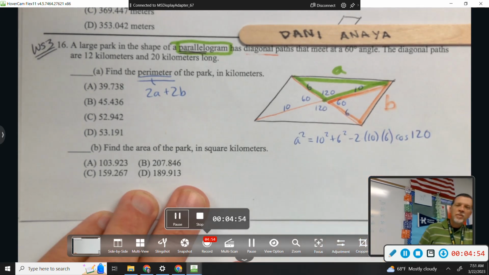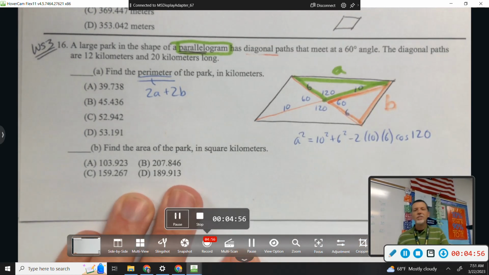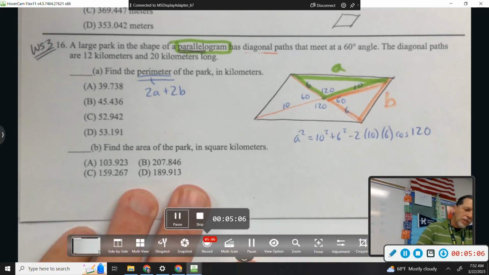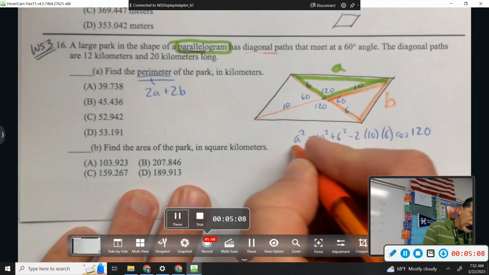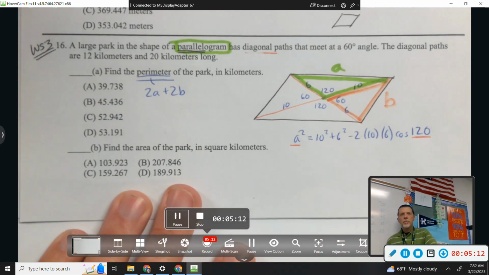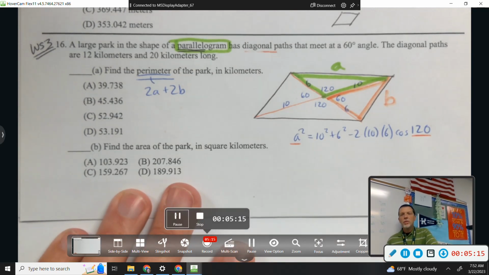Nice. I was really just hoping you'd say law of cosines, but you gave me the full answer. That is law of cosines. The A and the 120 are across from each other in the triangle, so they need to be across from each other in the equation. Again, not given that one, but hopefully we've used it enough where you've got it.